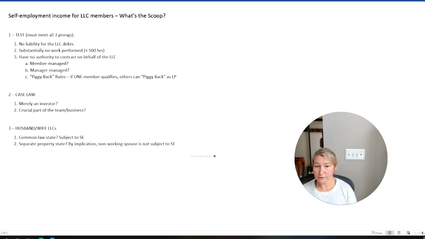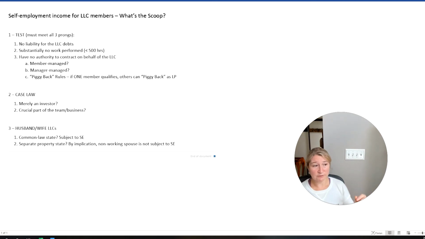So the third part I want to talk about is something we see often, and that has to do with husband and wife partnerships. So when we see two spouses that have decided to form an LLC, and now they have this partnership tax return filing, but in their partnership, they share everything and they got this together, but only one spouse does all the work.